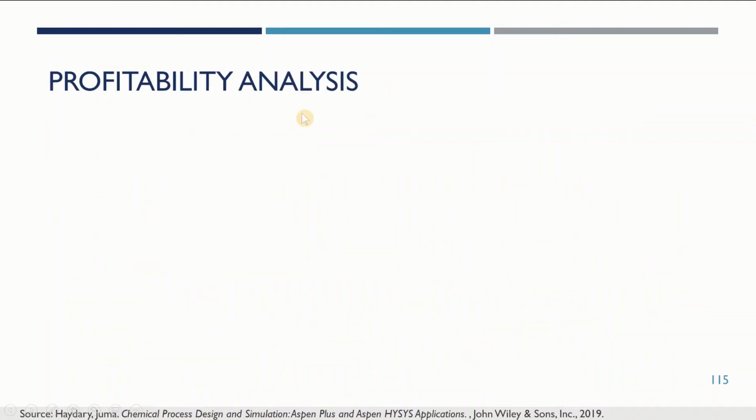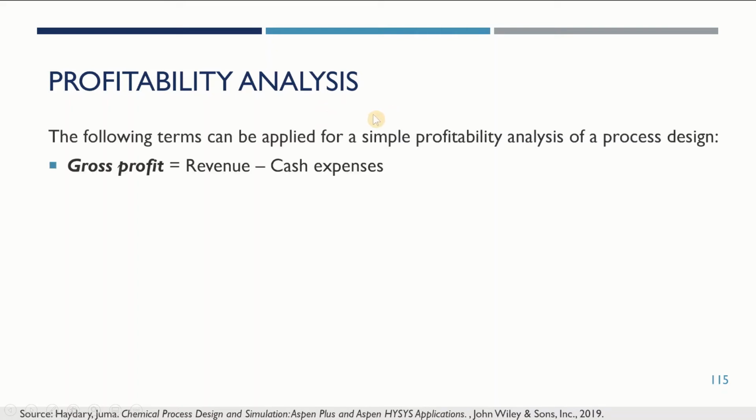There are several useful terms regarding the profitability analysis of a process design. The first one is gross profit, which is the amount of profit calculated by subtracting cash expenses from the revenue. The revenue essentially means the total income.